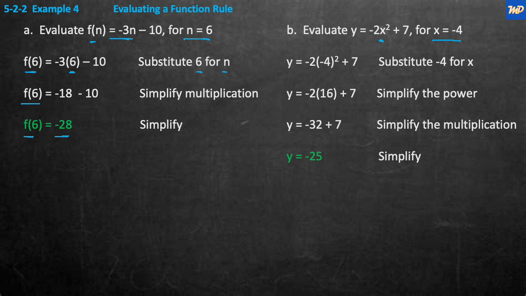When we simplify the power, we get y is equal to negative 2 times 16, because negative 4 squared is 16, plus 7. Now we simplify the multiplication. Negative 2 times 16 is negative 32, and you add 7, and you end up with y equal to negative 25.